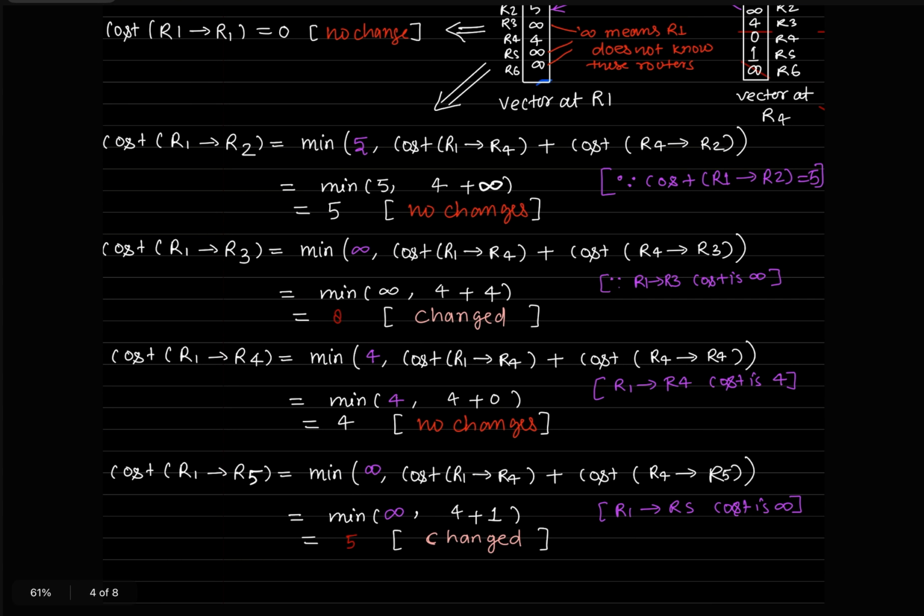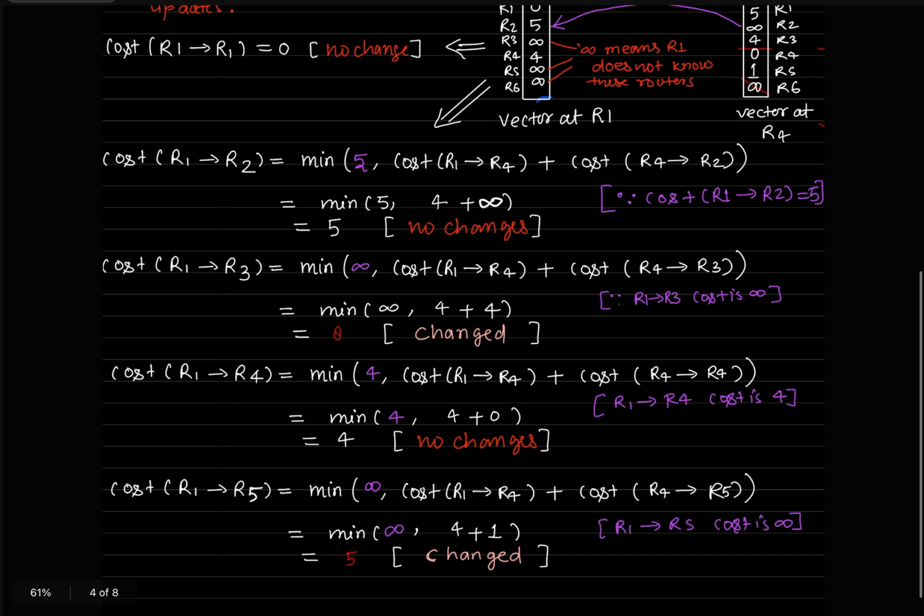Similarly, we compute the cost to reach from R1 to R3, which is the minimum of infinite. This value is given, so I have written infinite here. Can we reach R3 via R4? R1 to R4 is 4.